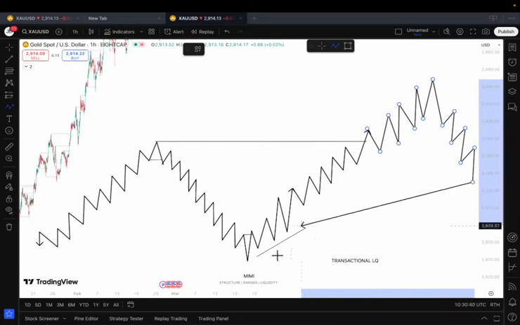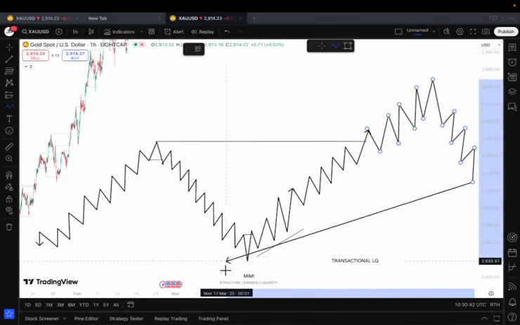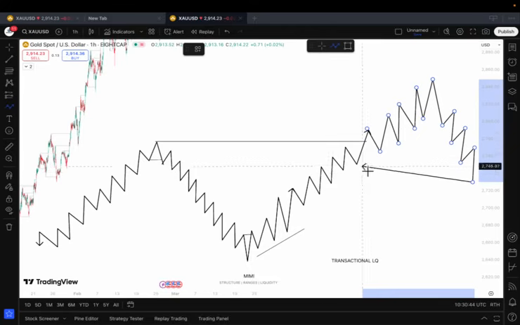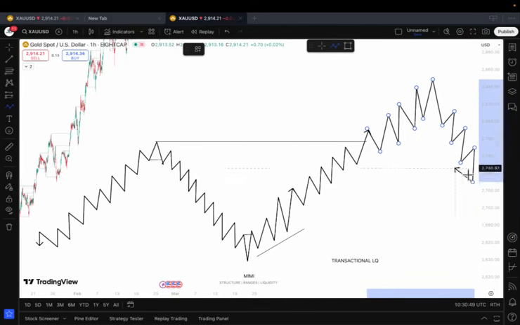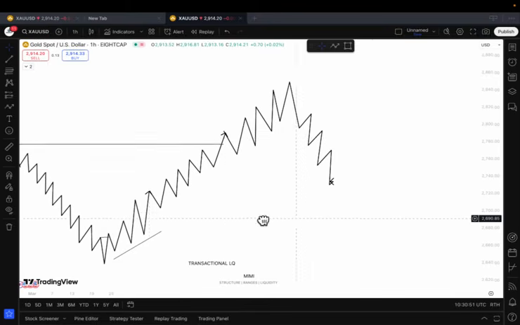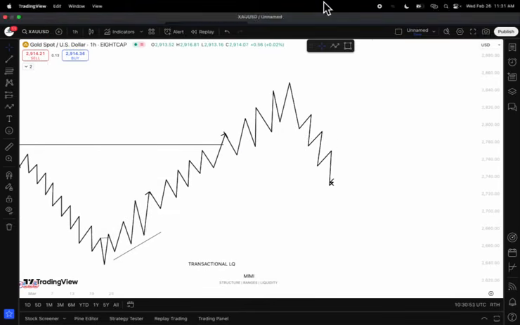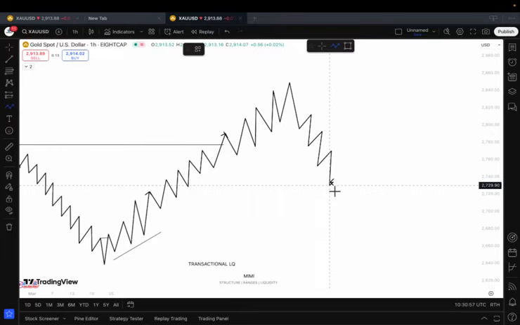So this is now a very strong range low, because it took out a range high, and now it starts clearing transactional liquidity until where? Until the range low.